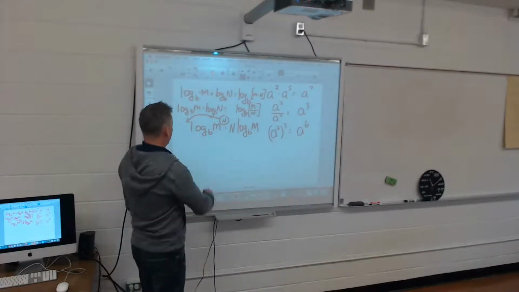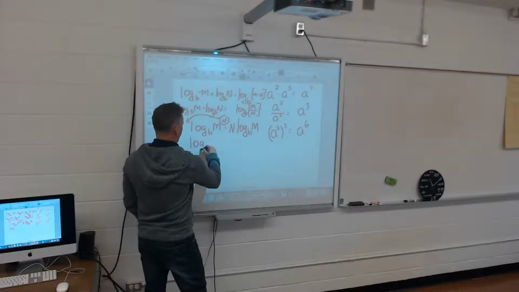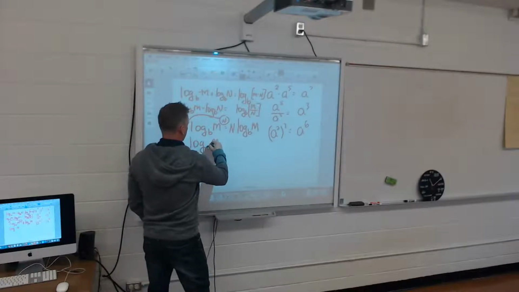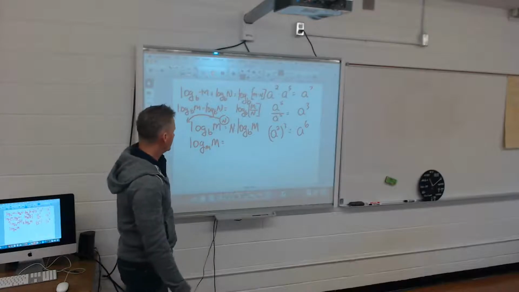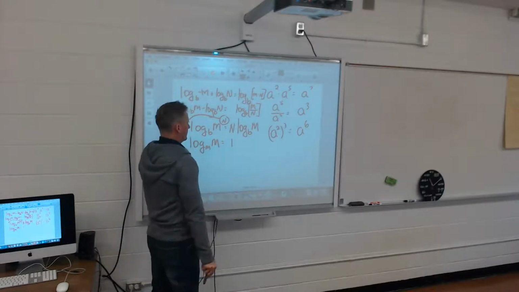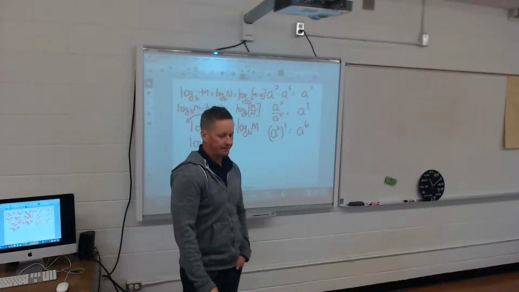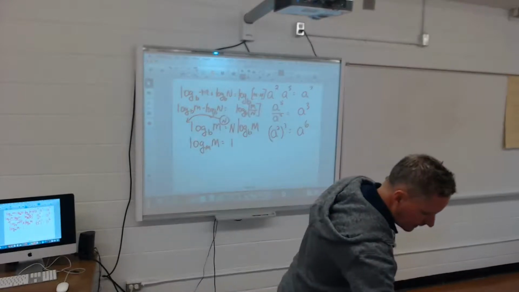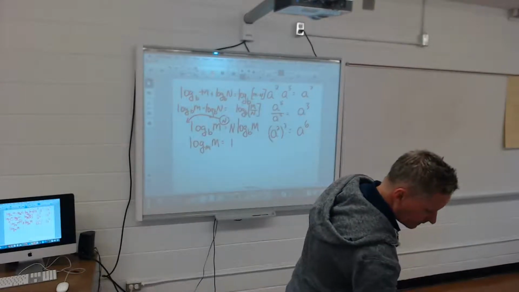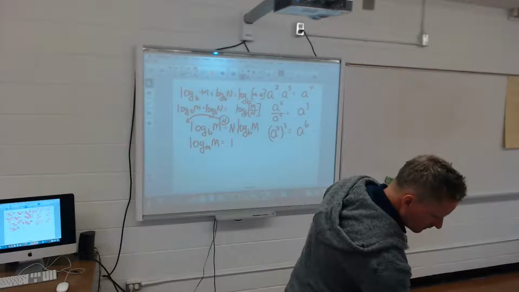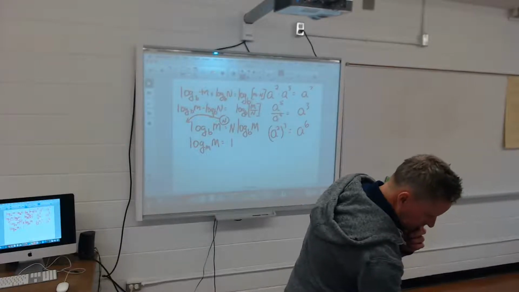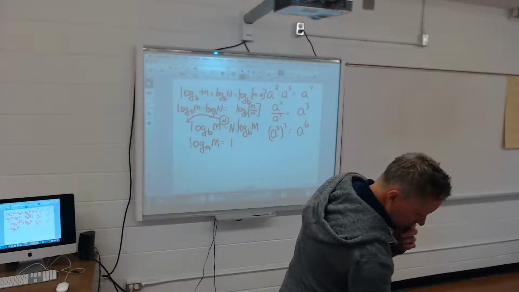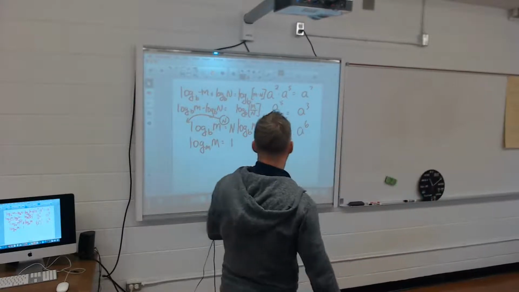All right? Another one of the important ones that we've talked about. When you have the log of m to the base m, it's always equal to 1. And what's the other guy here? Missing one. I think that's it for now.